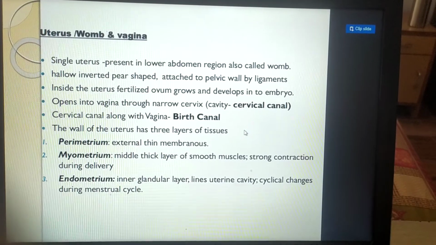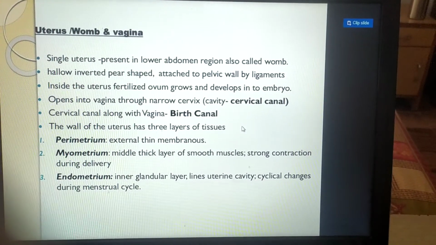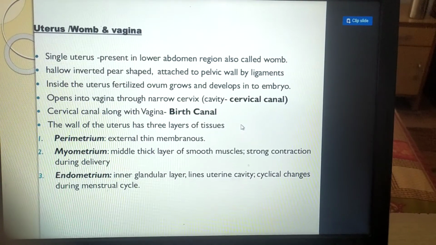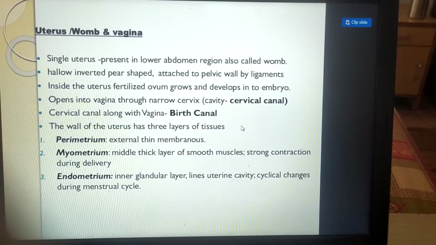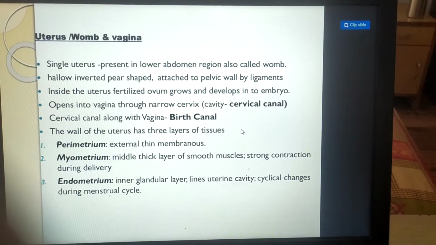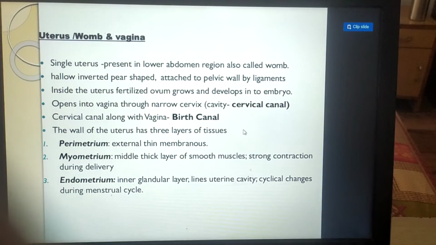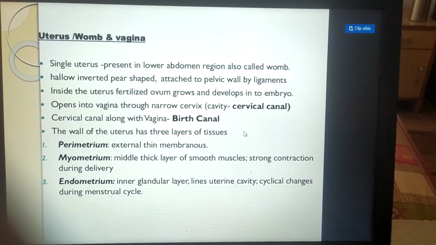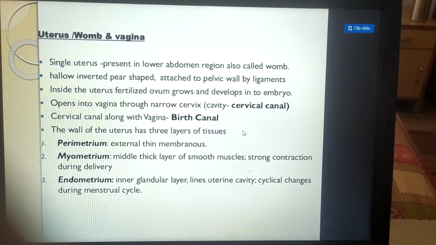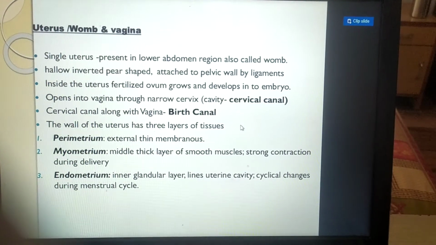Once the fertilization is successful, the zygote is formed, and that zygote develops further into the embryo inside this uterus. This uterus opens into the vagina through the narrow cervix cavity, which is also known as the cervical canal. The cervical canal along with the vagina is known as the birth canal.